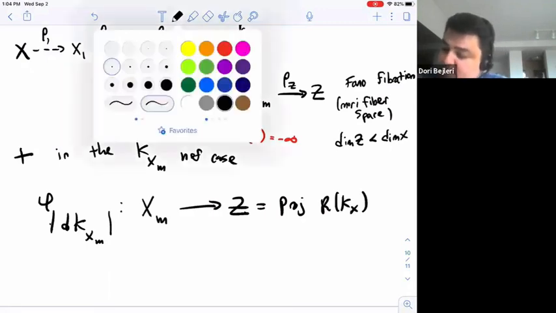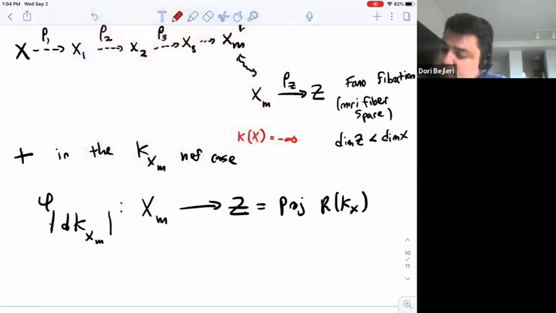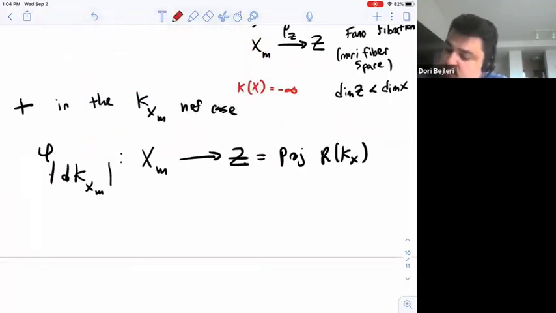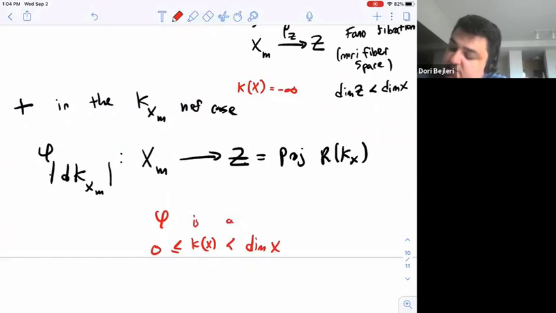Here we have two cases. In the intermediate Kodaira dimension case, we expect this phi to be a K-trivial fibration over some Z of strictly smaller dimension.